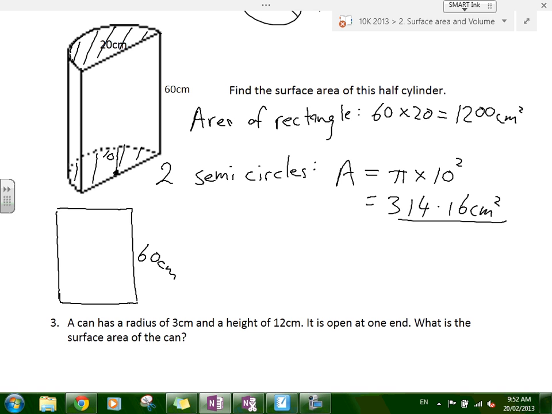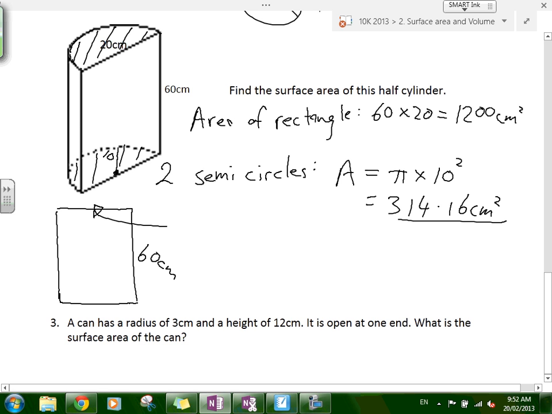So this dimension here is half of the circumference, which is 2 pi r divided by 2, which equals pi times radius. So this one here is 10 times pi, which is equal to 31.42.